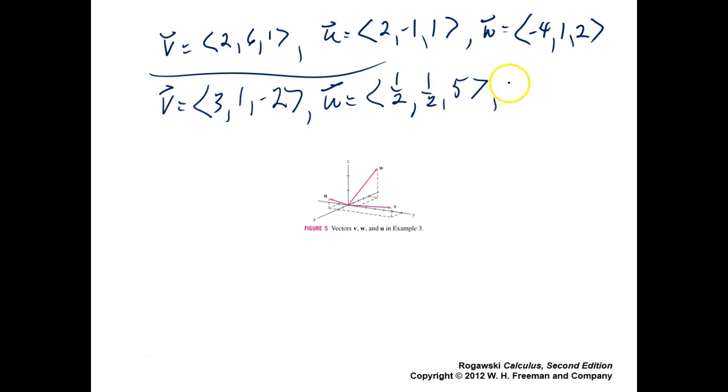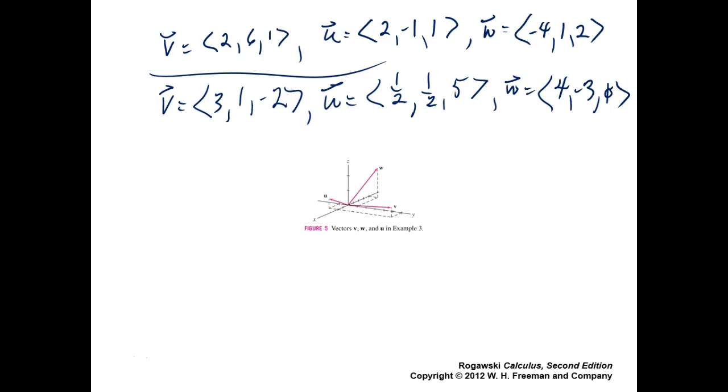And a new vector W is 4, -3, 0. Let's just tell us what you can know about those angles. V and U, U and V, whatever.